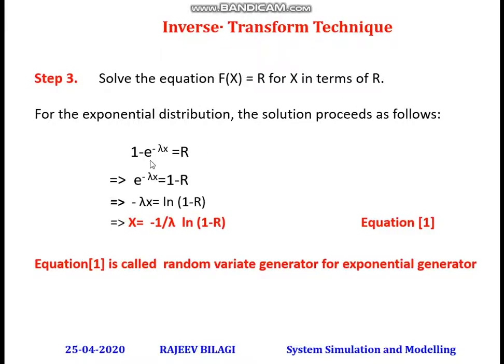So now how can it be done? 1 minus e to the power of minus lambda x equal to R. It indicates e to the power of minus lambda x equal to 1 minus R. So that implies minus lambda x equal to ln of 1 minus R, so x equal to minus 1 by lambda ln of 1 minus R. So here x is called the random variate generator for exponential distribution.